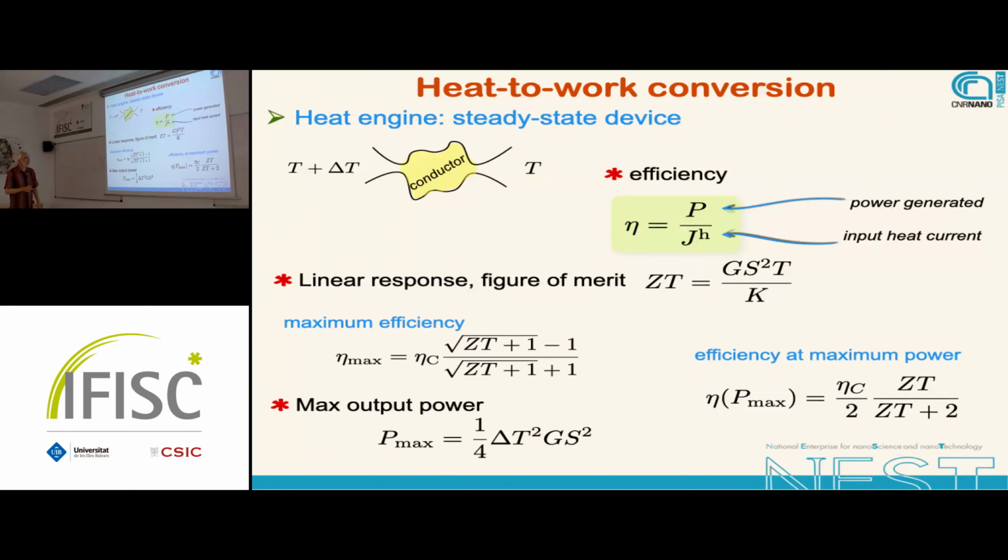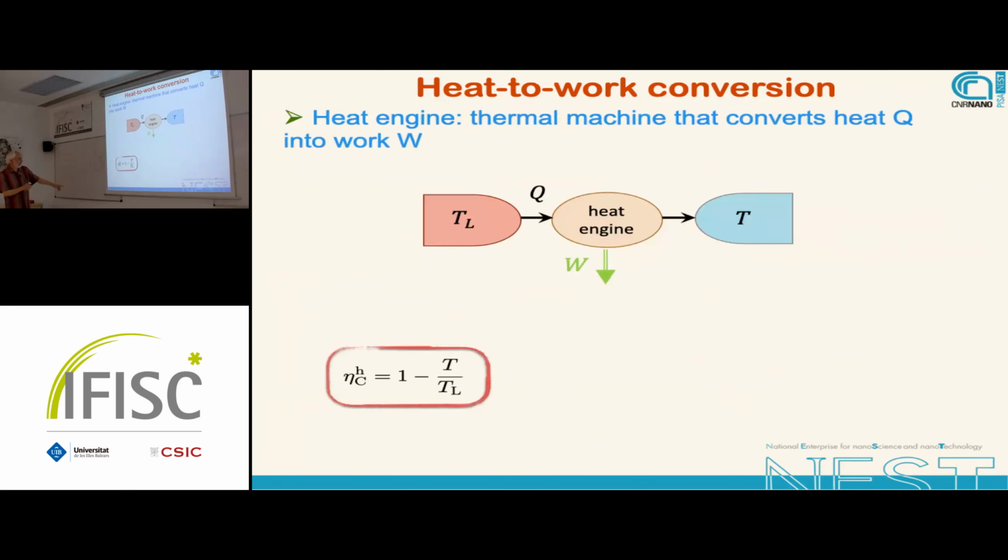As I said, these characterize it completely in the linear response, in the sense that you can write the maximum efficiency of your system using this expression here, which contains the Carnot efficiency, which is the maximum allowed by thermodynamics. In this case, I think I wrote it here. It's just one minus cold temperature divided by hot temperature.